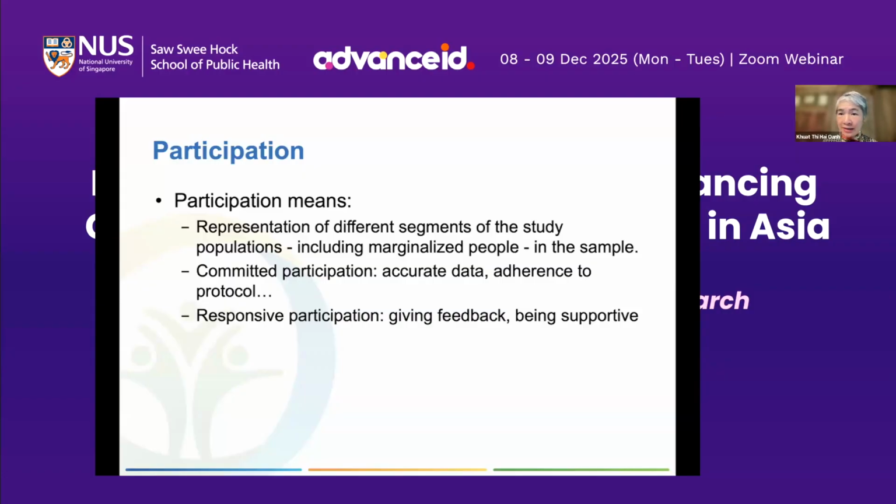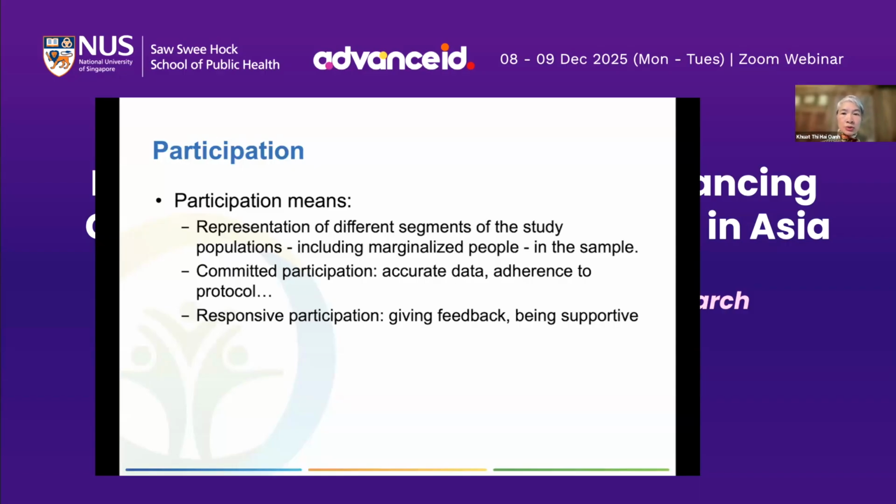How about women with disability? How about pregnant women? How about the elderly women who don't speak the common language or who cannot use their own transportation to come to the research site? So we want to ensure good representation.